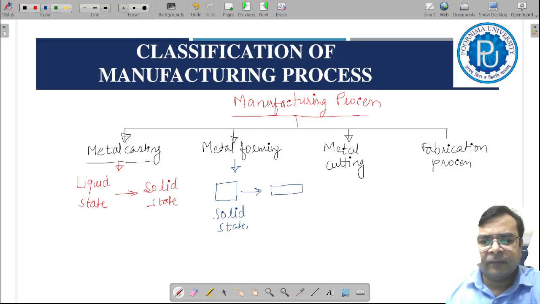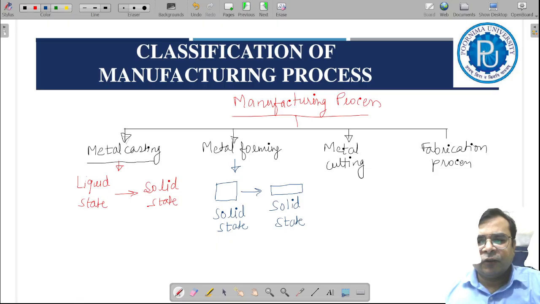You can see here. Correct? This is again a solid form, but its shape and size is different. So this is called a metal forming process.